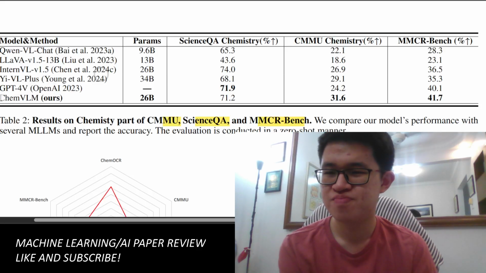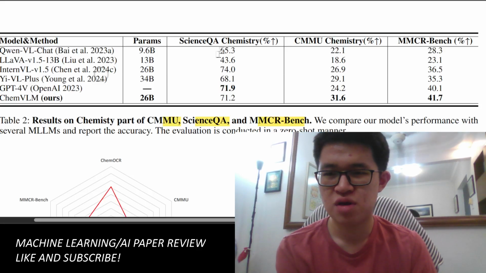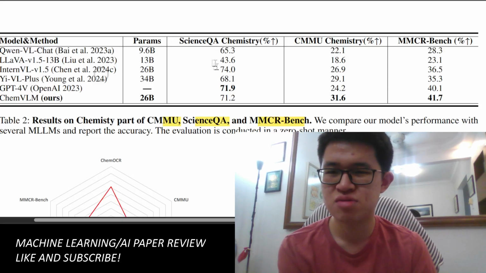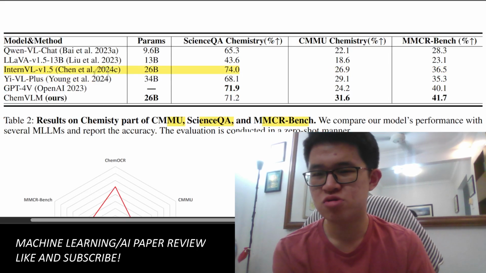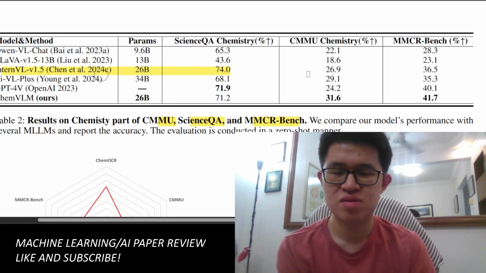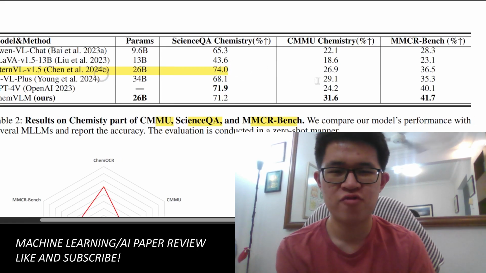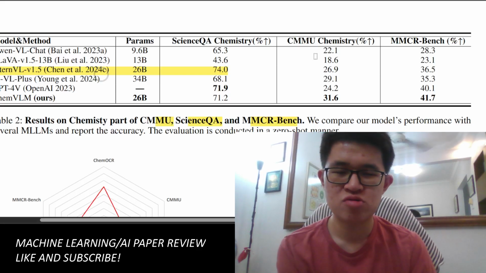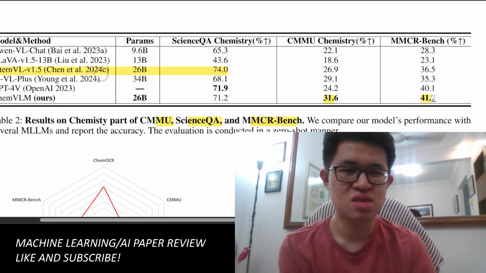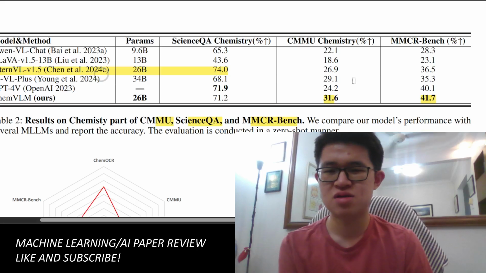So for this science Q&A chemistry questions task, InternVL scored the highest accuracy. But when we go to the understanding task, we see that their approach works the best, and it's the same for the reasoning benchmark task right here.